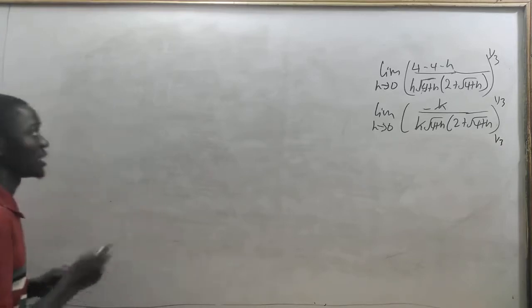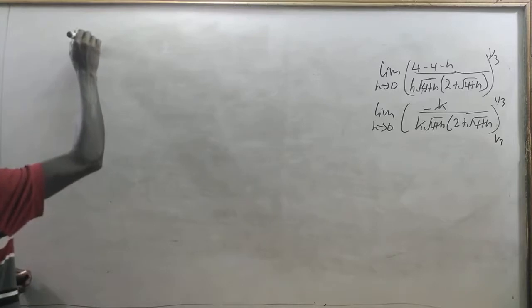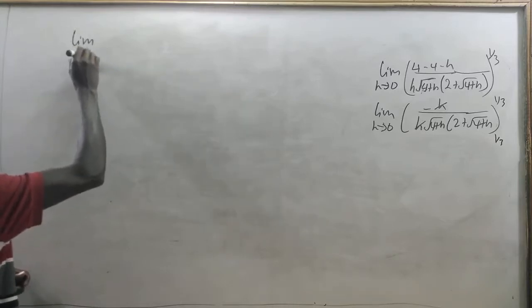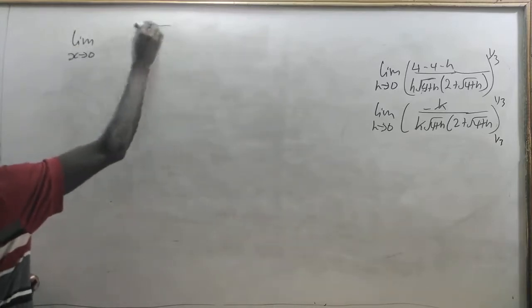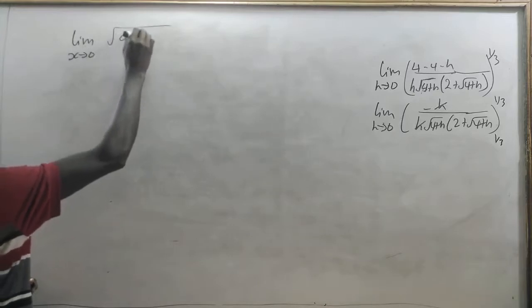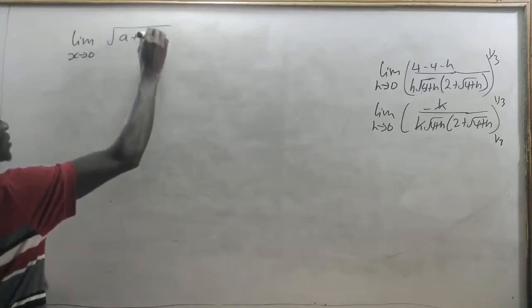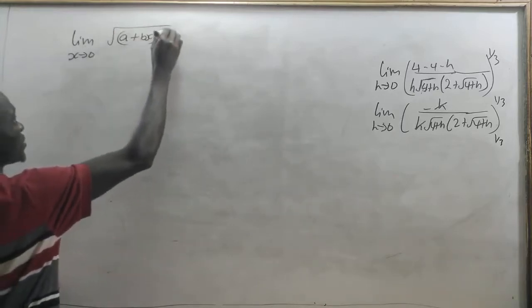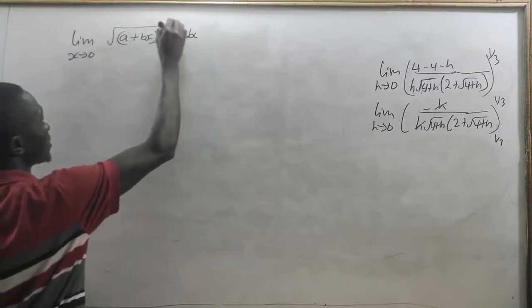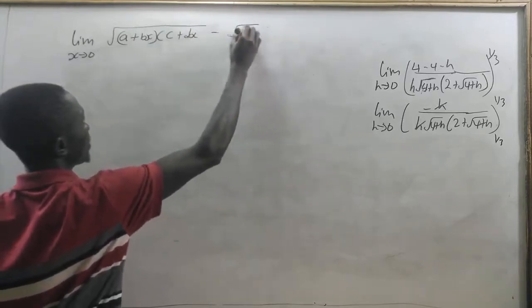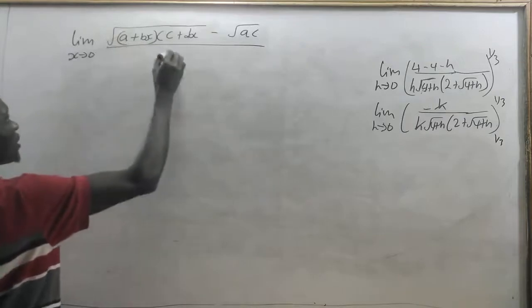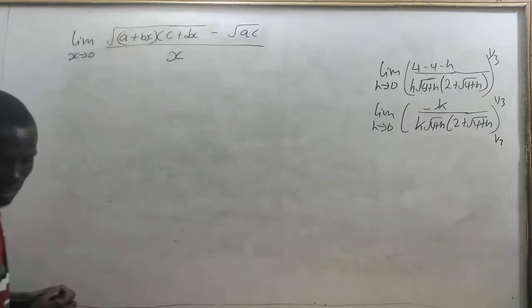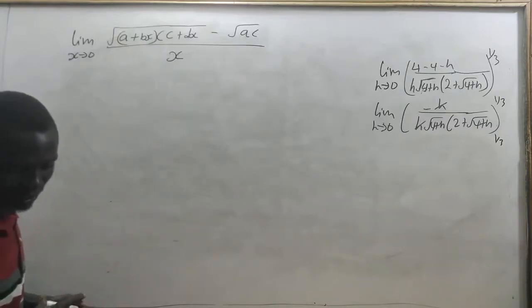We are going to look at this one, the limit as x approaches 0 of the square root of a plus bx times c plus dx minus the square root of ac, all divided by x. Yes, I think that is the question.